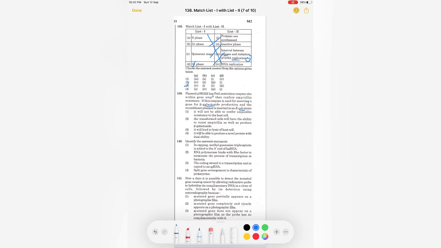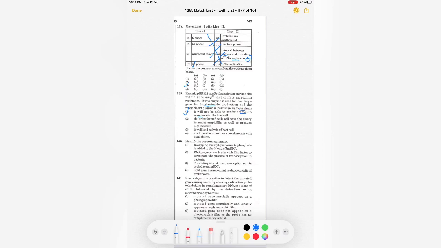The correct answer, that is option 1, it will not be able to confer ampicillin resistance because this enzyme has inserted a new gene into the sequence of the ampicillin resistance gene, so that the ampicillin resistance gene undergoes insertional inactivation, and it cannot provide ampicillin resistance. The correct answer is option 1. Question number 140. Identify the correct statement.